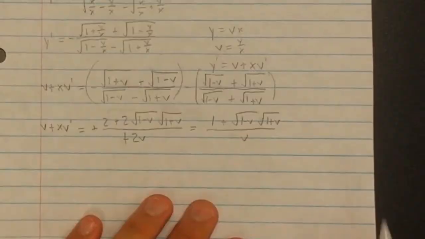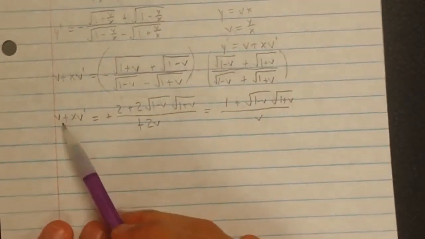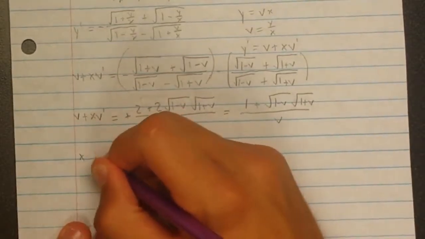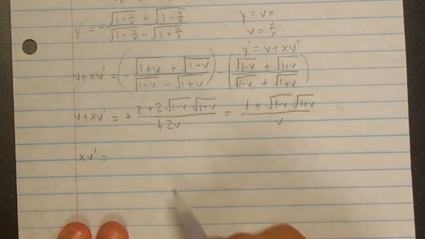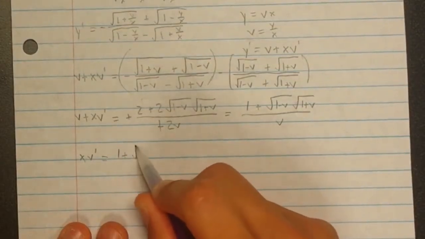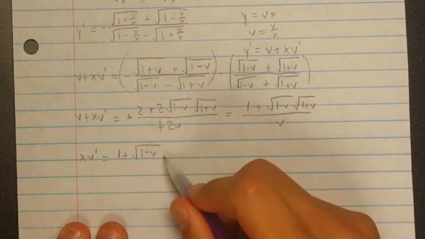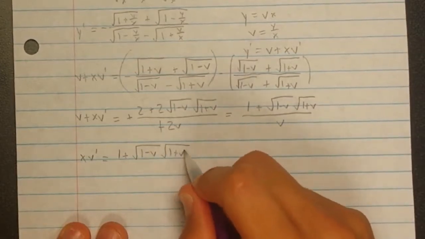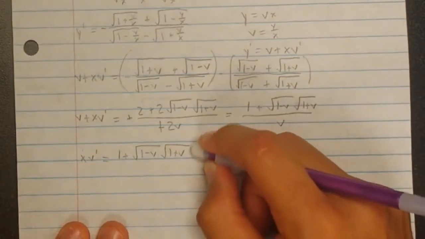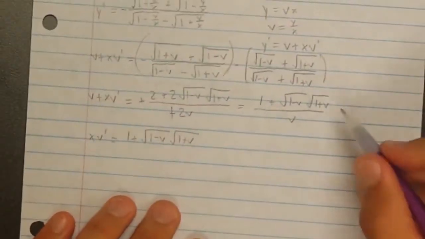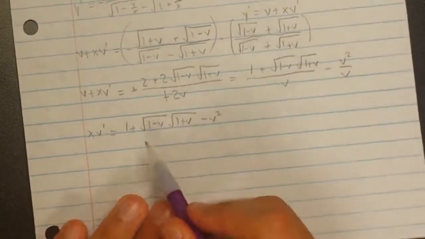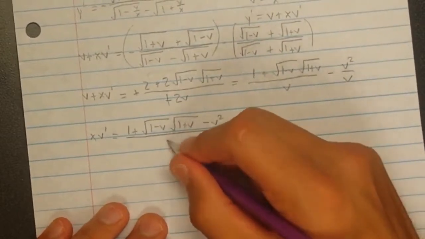Now we subtract this v over to this side, so xv′ is equal to 1 plus the square root of (1 − v) times the square root of (1 + v) over v, minus v squared over v.